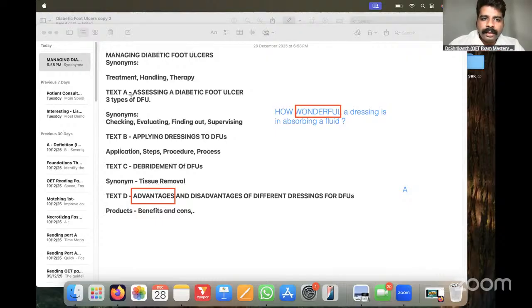Because over here, text A, they're talking about assessment. Text B, they're talking about application. Text C, they're talking about debridement. Here they are asking how good a product is, how good a dressing is. So it is not going to be an assessment, an application, or debridement. It is going to be in the fourth text over here, that is advantages and disadvantages.